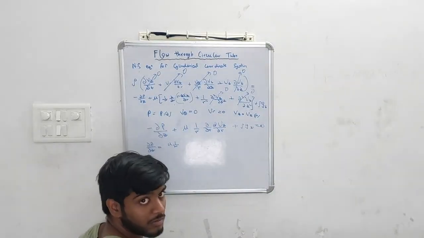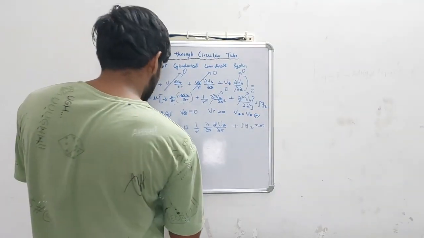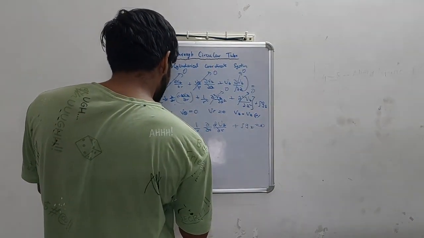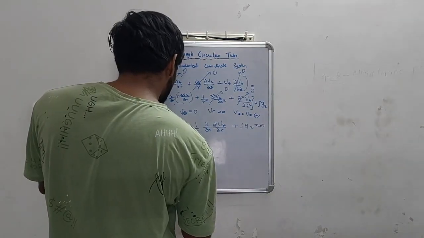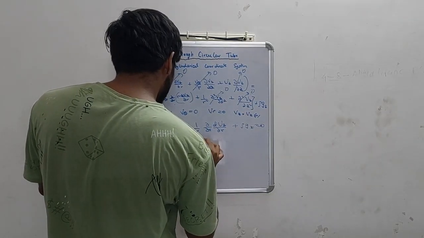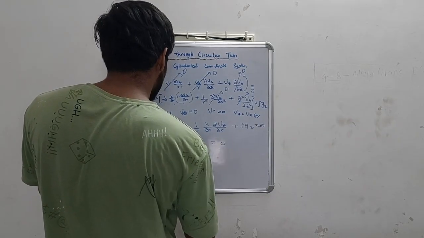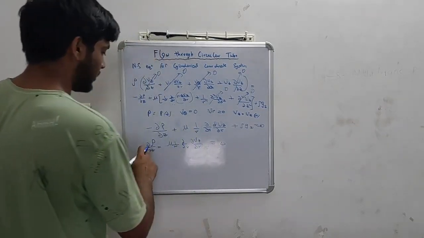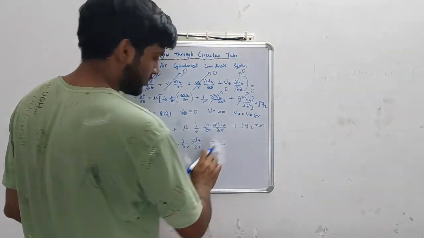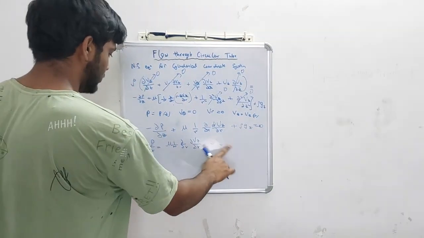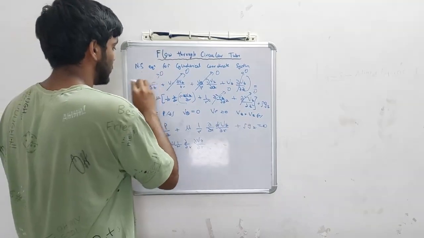mu 1 by r del by del r of r del Vz by del r equals del P by del z, as this is the combined pressure over here, and gravity is 0.